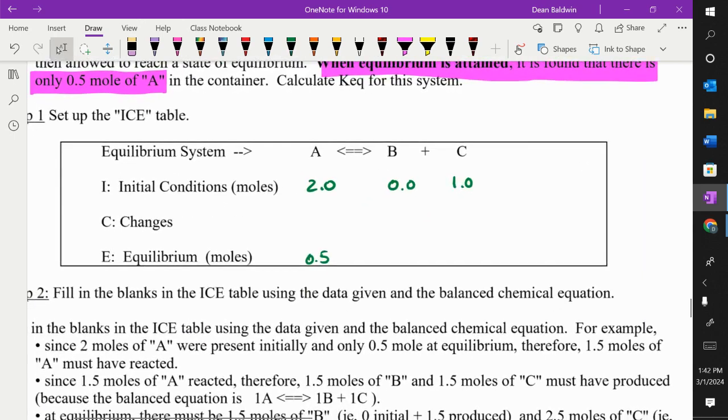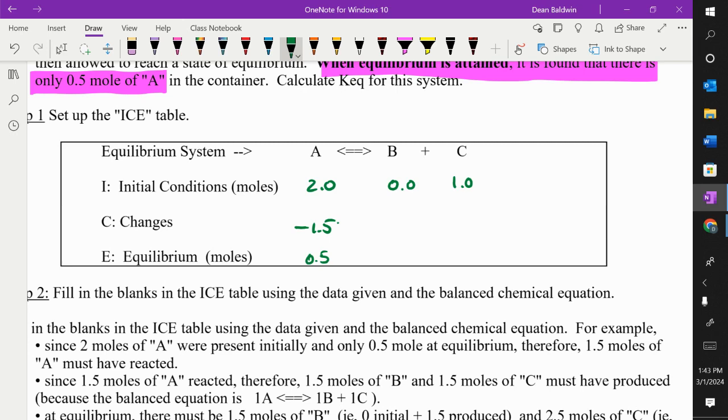So if we started with 2 moles of A and we finished with 0.5 moles of A, what was the change? Negative 1.5, right? We lost 1.5 moles. If we lost 1.5 moles of A, that became B and C, right?